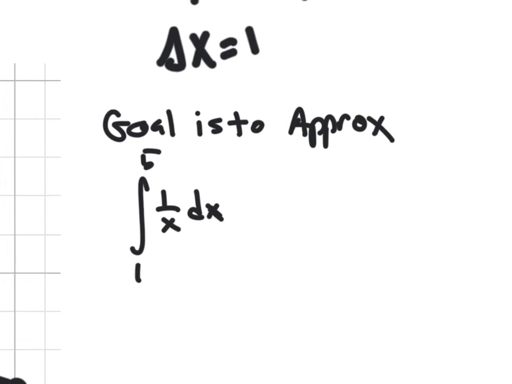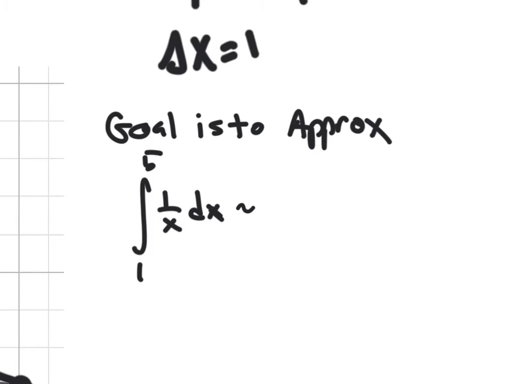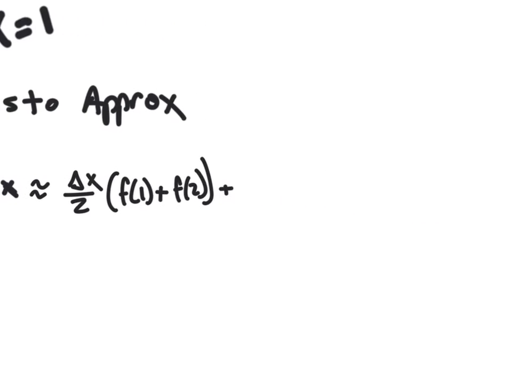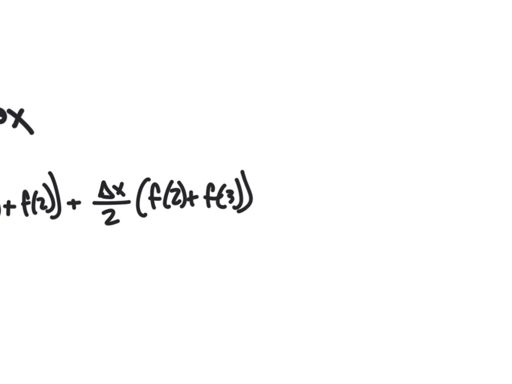I've got delta x over 2 times f of 1 plus f of 2, plus the area of the next one, which was delta x over 2 times f of 2 plus f of 3, and then plus delta x over 2 times f of 3 plus f of 4.